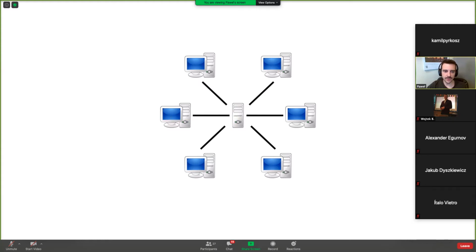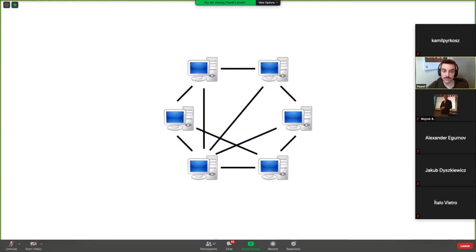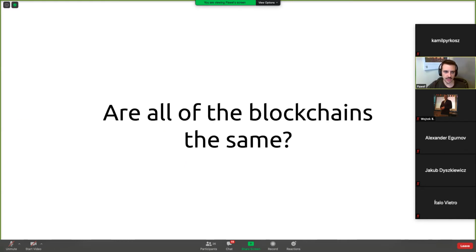Then you have to create a peer-to-peer network like this, where these nodes, as we call them, are connected to other peers, and there's no central authority. There's no one that can block you. Then there's no one that can censor you, and you can always participate, join, or leave whenever you want. And that's actually a very good property of all the blockchains.